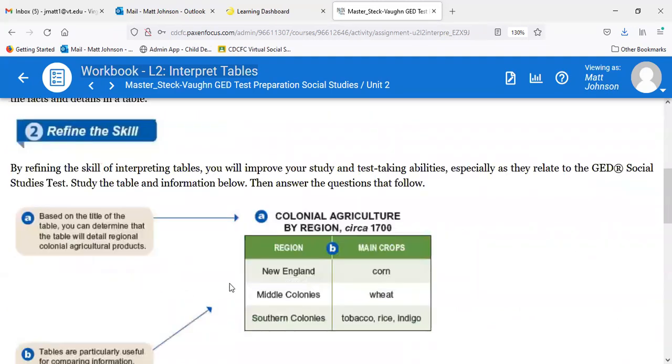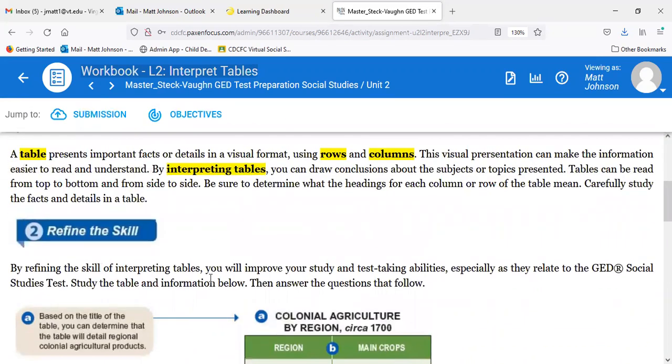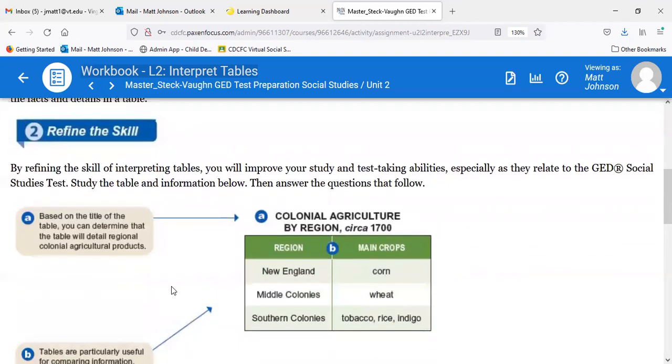Okay, and a small table. So by refining the skills, you're going to improve your study and test taking abilities. These are going to be featured on the GED exam. Our title. So our text box, based on the title of the table, you can determine that the table will detail regional colonial agricultural products, right? Colonial agriculture by region.